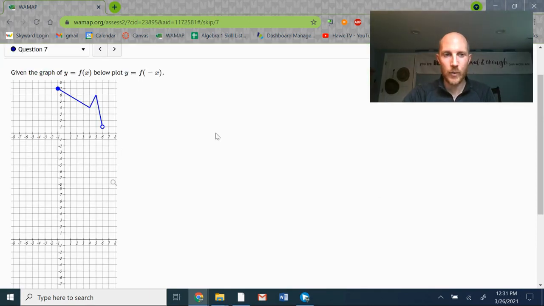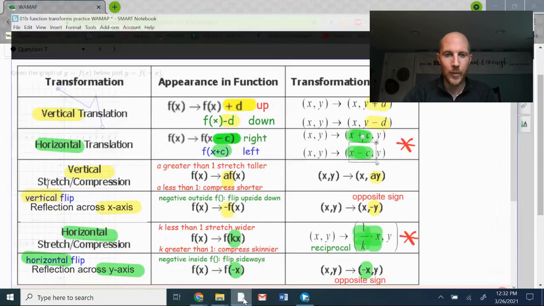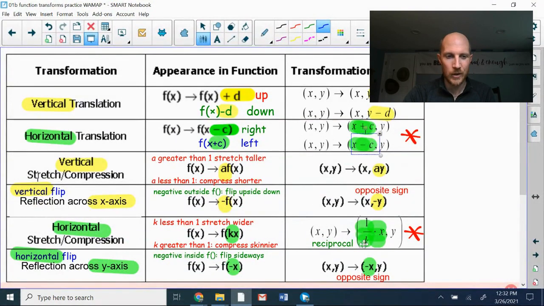Here's our next example. We got y equals f of x as the original graph shown here. This is on the top part of the graph, and I'm asked on the next graph down below to plot y equals f of -x. All right, so the -x, that's inside the parentheses. I want to check with my notes page to see what that looks like. Oh, here at the very bottom, it's the horizontal flip.